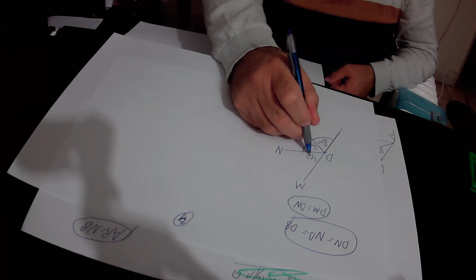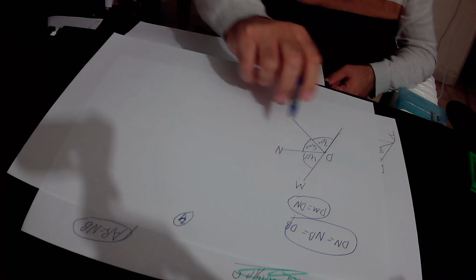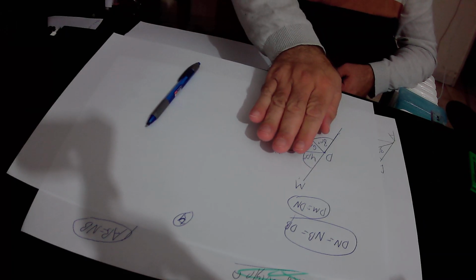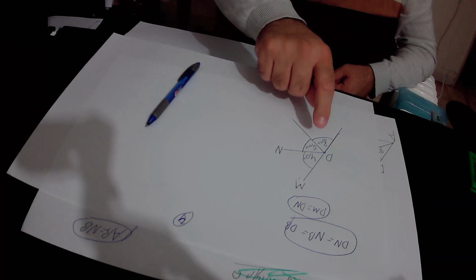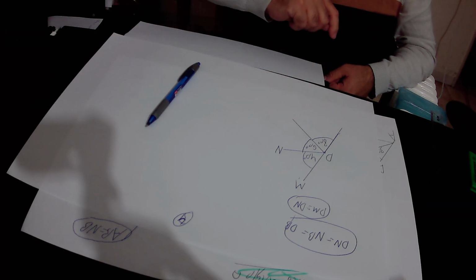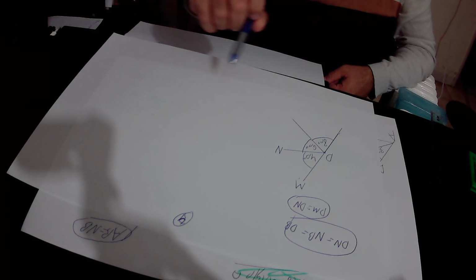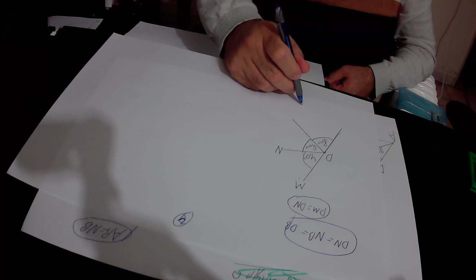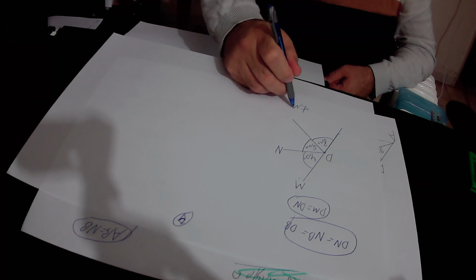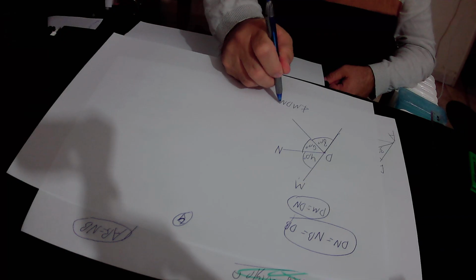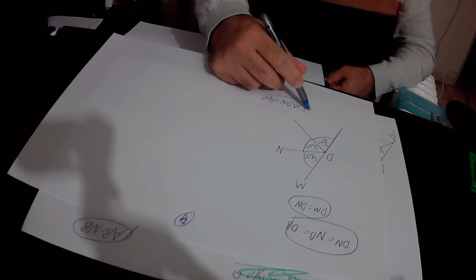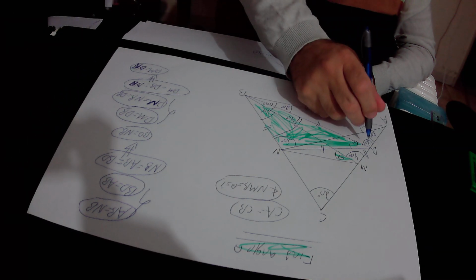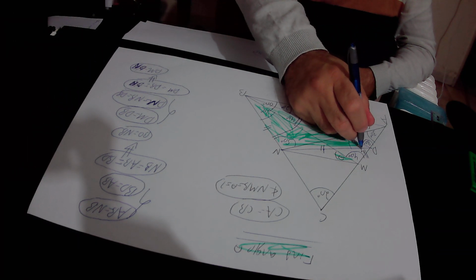So I write it down that we found out that the missing angle MDN equals 40 degrees in its size.